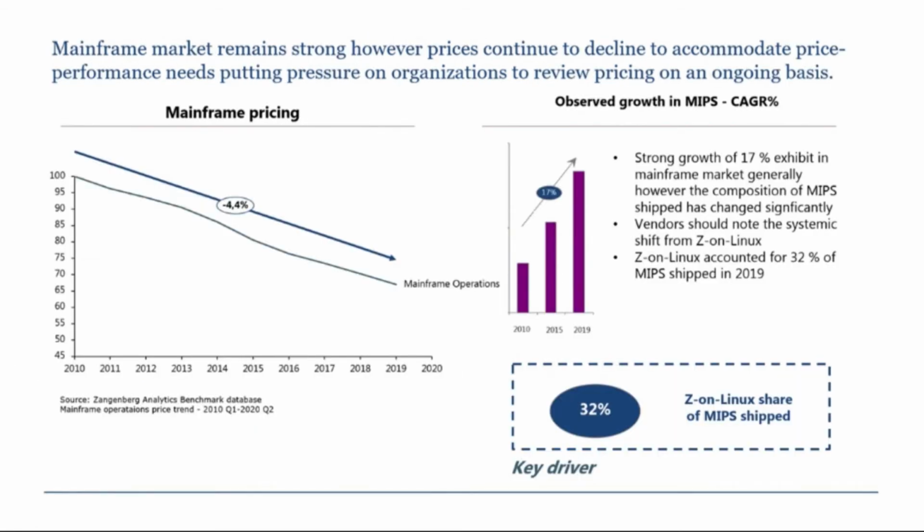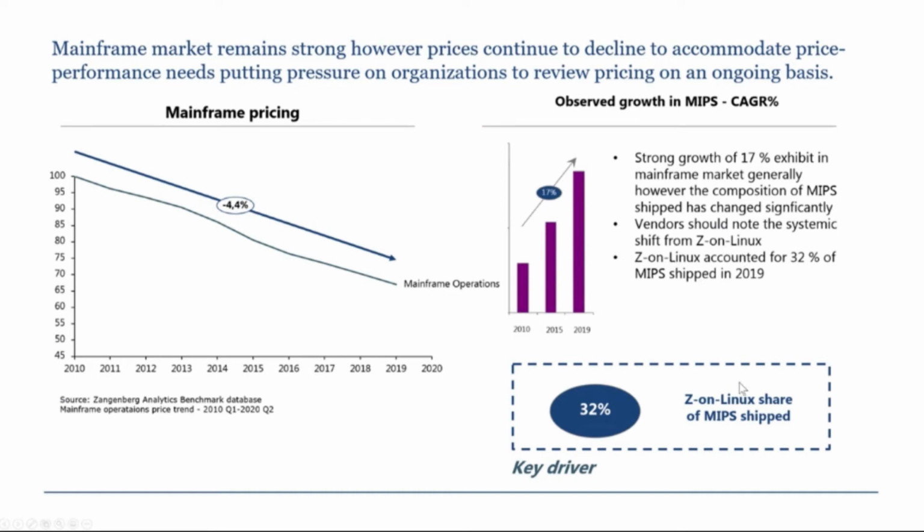I think if we normalize pricing and the composition of software, what we actually see is that the mainframe prices are coming down. This is a difficult discussion when you're talking to IBM and the likes, and some of the numbers that they are presenting in terms of growth in installed MIPS.